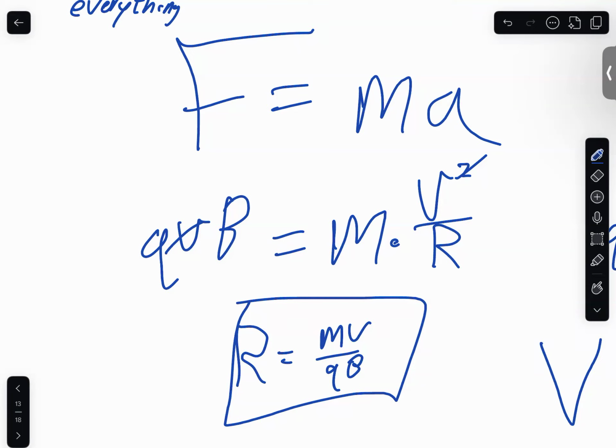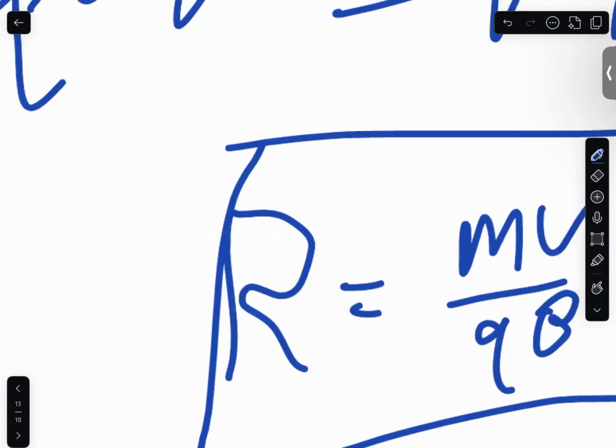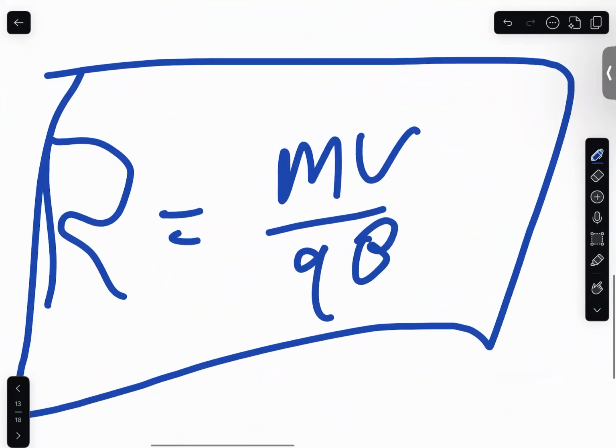Push for that. Ask me questions. You need to be able to stitch together formulas like this. But if you need to, Merry Christmas, put this on your equation sheet. If I ask you what is the radius of the circle this charge at this velocity goes in this magnetic field, there's how you predict it.